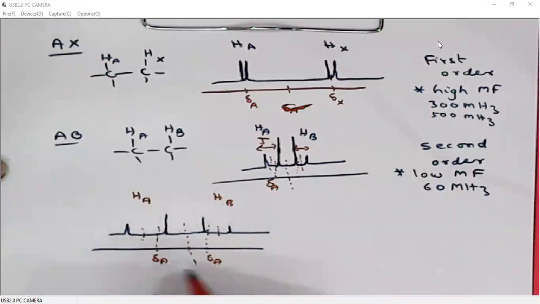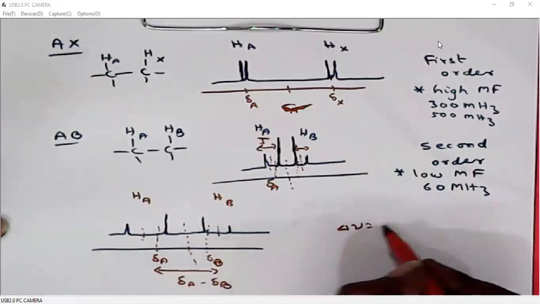Then how do we measure delta A and delta B? There is a mathematical calculation for this. What we need to do is take delta A minus delta B. How do we get this delta A minus delta B?